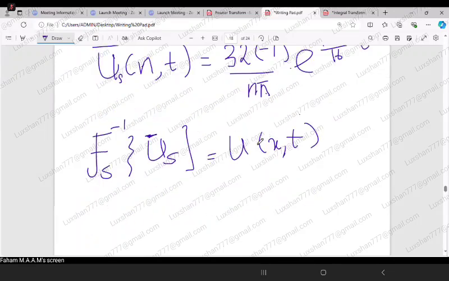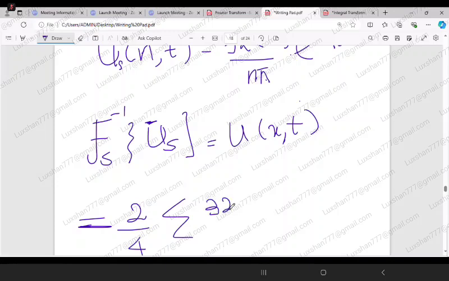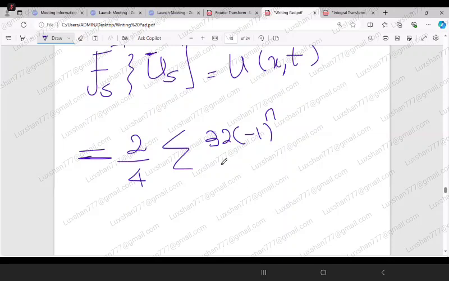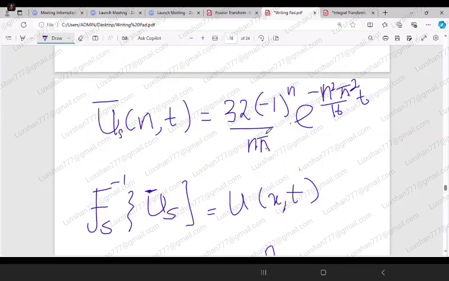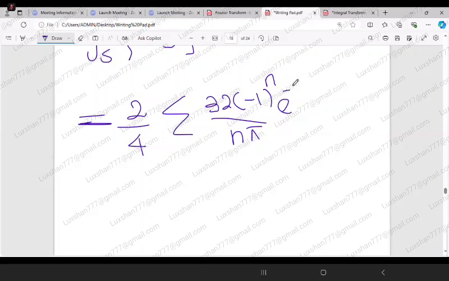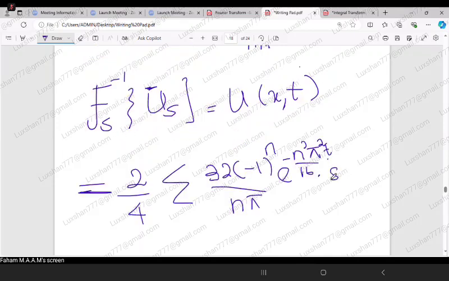So my u bar s is this one, 32 minus 1 to the power n over n pi into e to the power minus n squared pi squared t over 16 into sine, because we are using the sine transform, sine n pi x over 4.